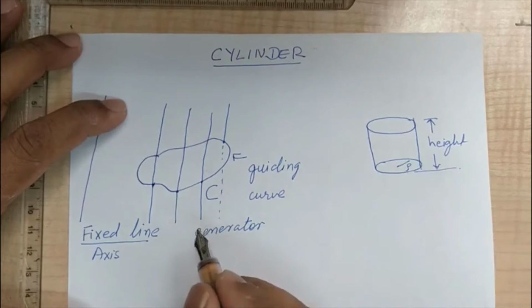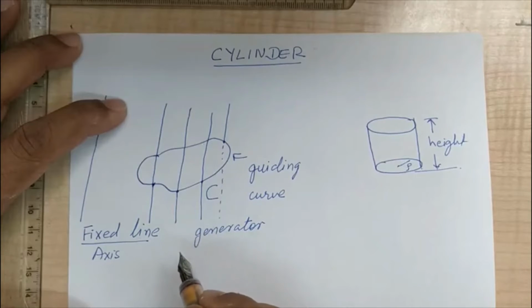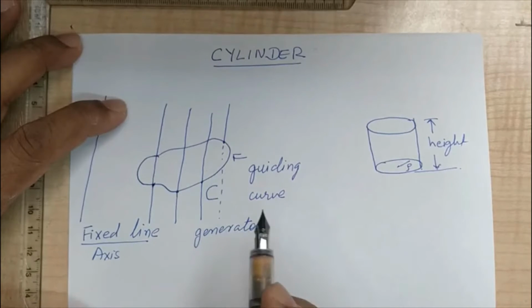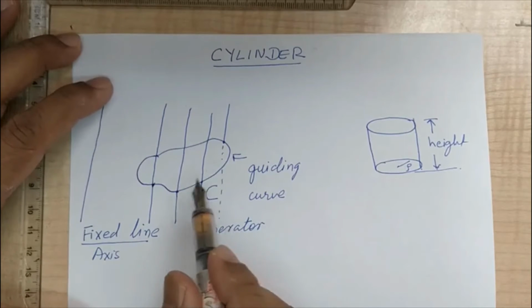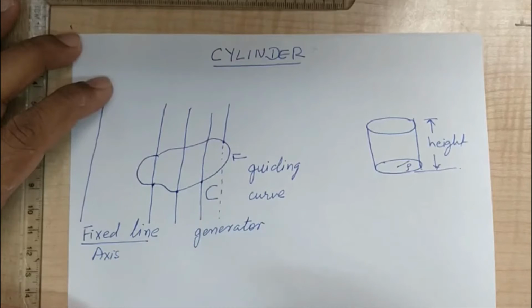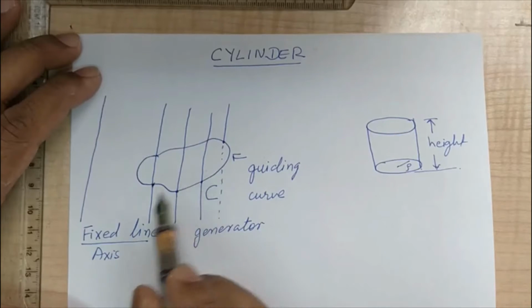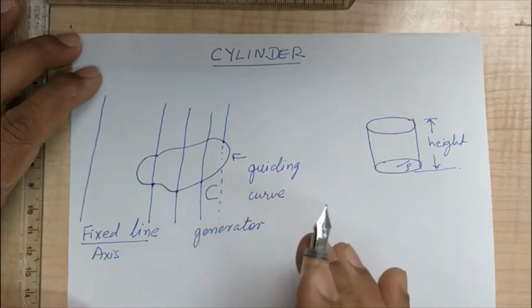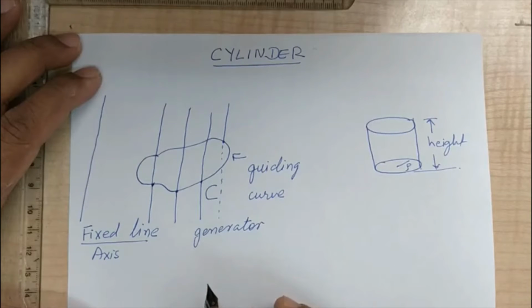Whereas if you look at the definition which I have given, we don't even require the curve to be a circle. In fact, you don't even require it to be a closed curve. Here I have illustrated with the help of a closed curve. For a general cylinder, even that is not the requirement.